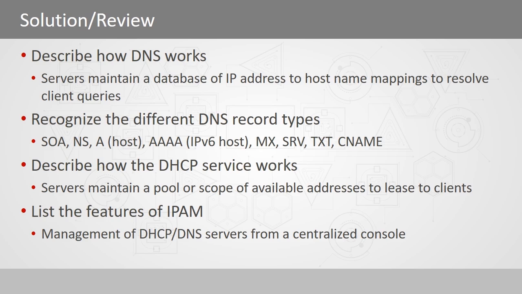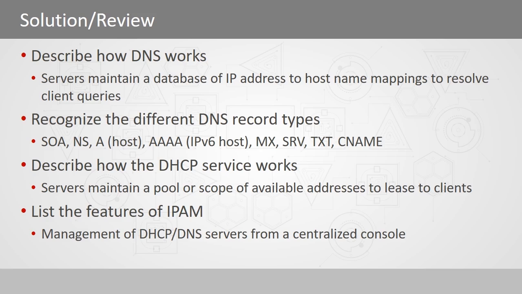Please find the associated IP address. The DNS server will check the database, and if the listing is there, it will send back the IP address. And even if it's not there, it can possibly query other DNS servers to find it. So ultimately, we can communicate using names instead of having to remember IP addresses. Then we asked about the different types of DNS records, and there were several.